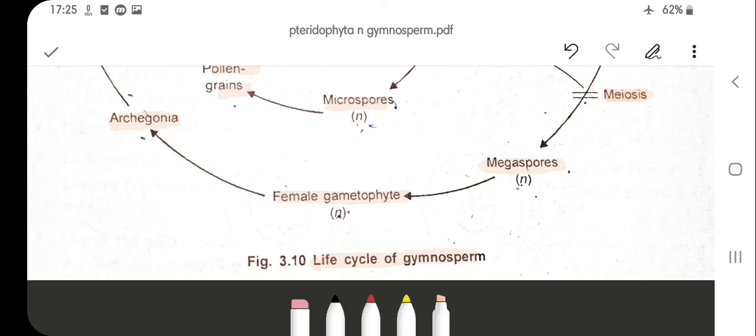The next is the angiosperm, that is the flowering plants, but according to the CBSE syllabus, it is not included in this session. So that's why with this we finish our chapter, kingdom Plantae.